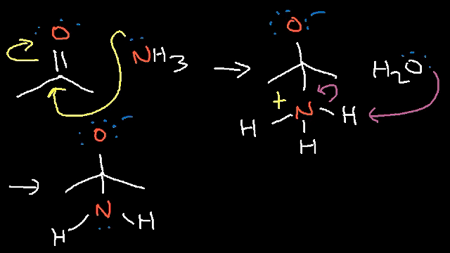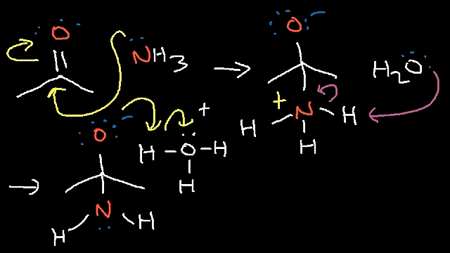So now the solvent can transfer a hydrogen to the oxygen. So now it's in the form of H3O+. So this is going to give us a carbinolamine.